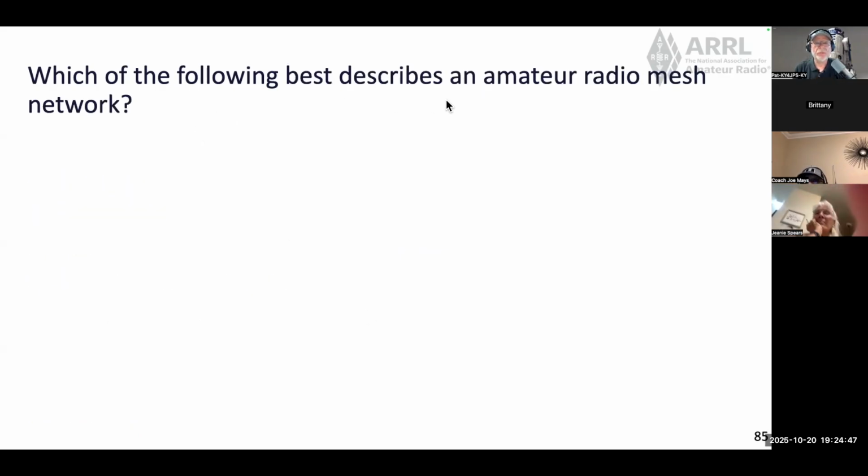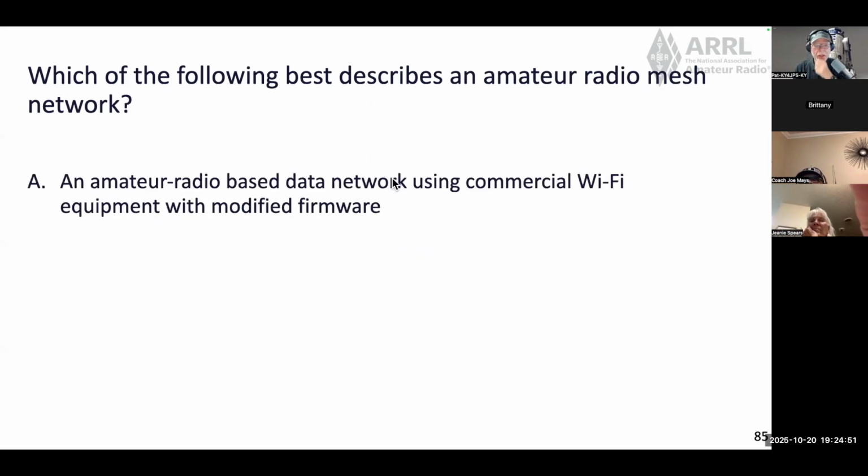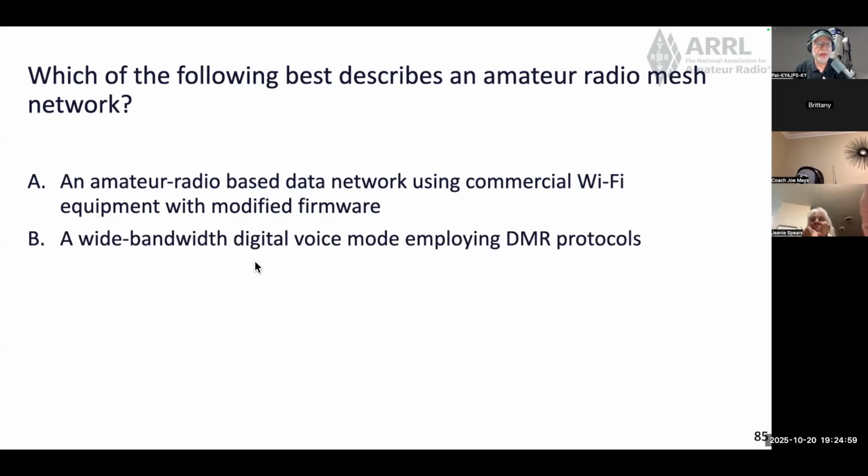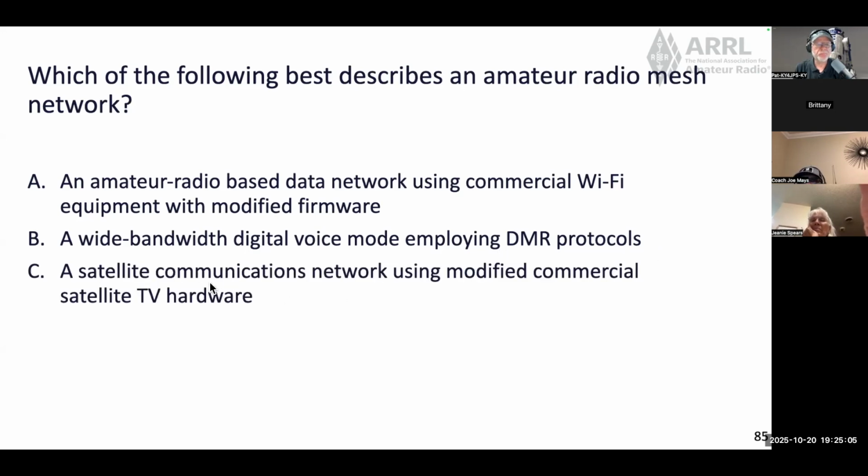Which of the following best describes an amateur radio mesh network? A, an amateur radio based data network using commercial Wi-Fi equipment with modified firmware. B, a wide bandwidth of digital voice modes employing DMR protocols. C, a satellite communication network using modified commercial satellite TV hardware.